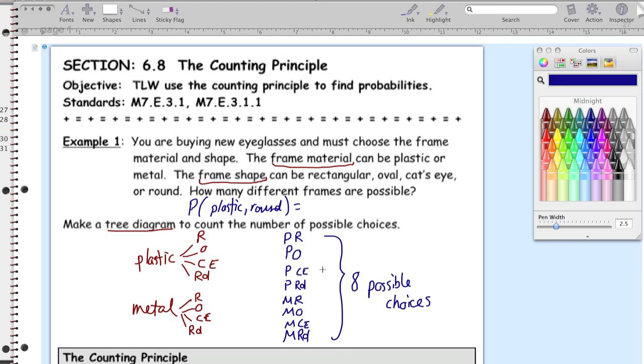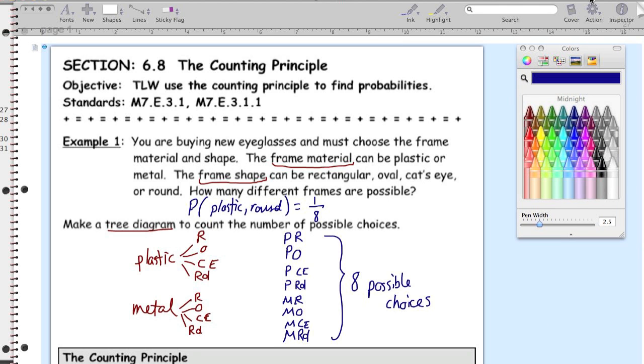So what we're doing here is figuring out how many total possible choices there are for things that aren't as straightforward as rolling a die or flipping a coin or a deck of cards, where we already know all of the possible outcomes. Here, we're combining different events, the frame material and the frame shape, and we have to figure out how many possible choices there are before we go ahead and figure out the probability.